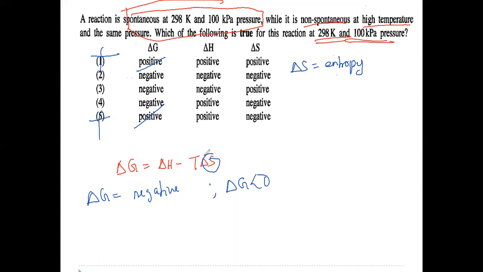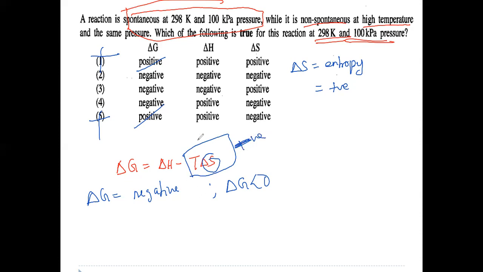Highly positive. When delta S is highly positive, only then can this whole system become negative.